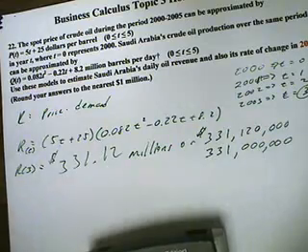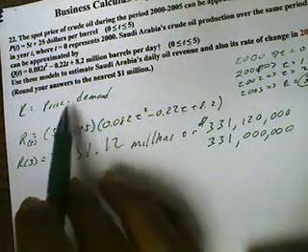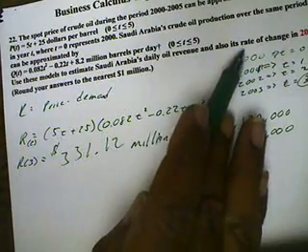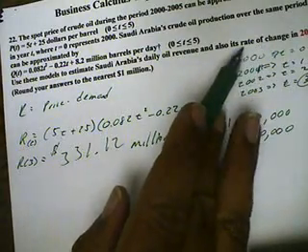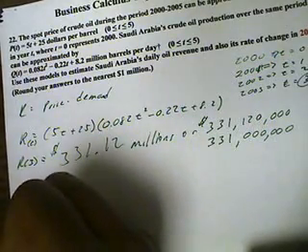Alright, next. We want to know the rate of change in 2003. That's going to be the instantaneous rate of change, so we need the derivative of the revenue function.